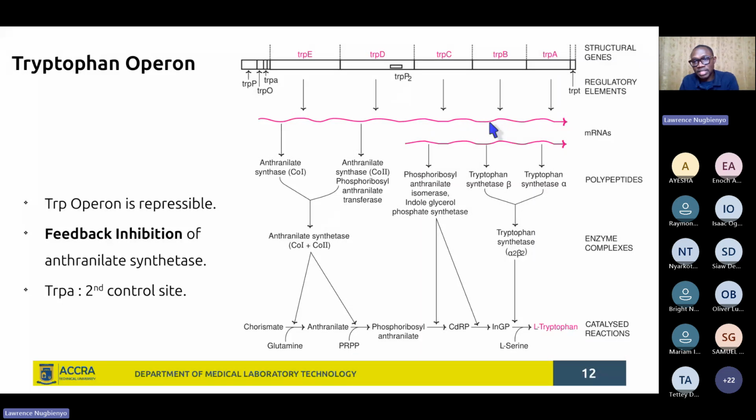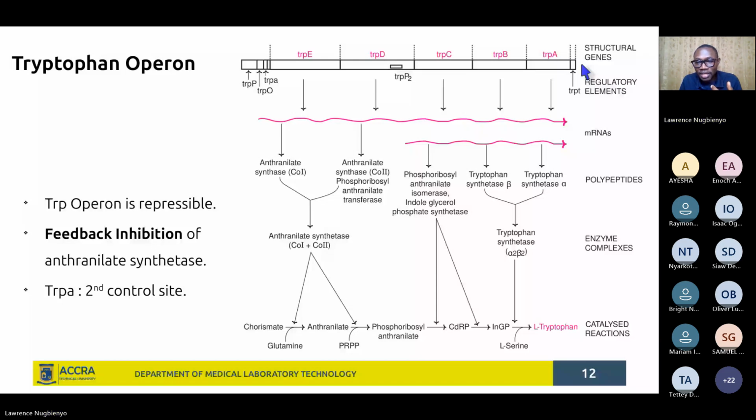So they will get translated into the proteins. But actually, this operon gets transcribed into 2 types of messenger RNAs. So from it, 2 types of messenger RNAs are transcribed, not only one.